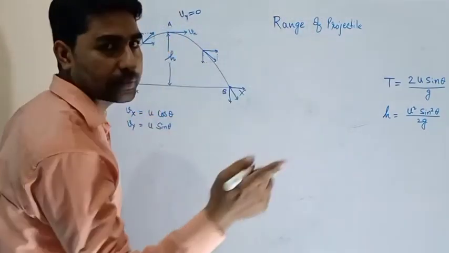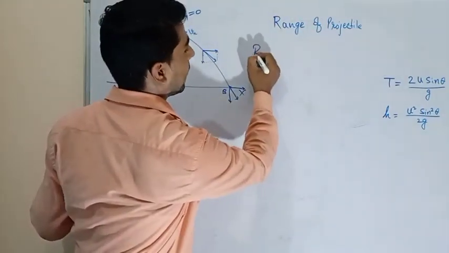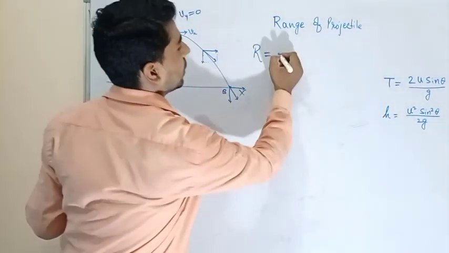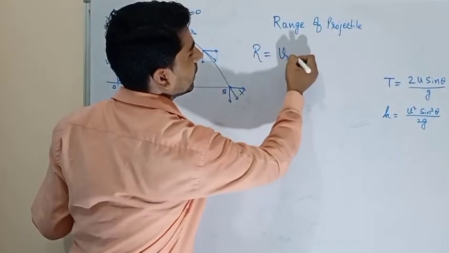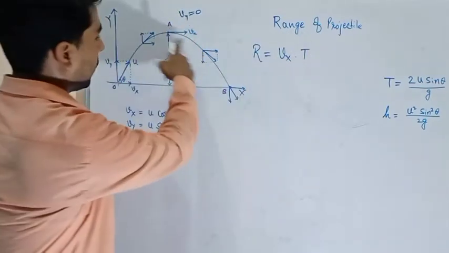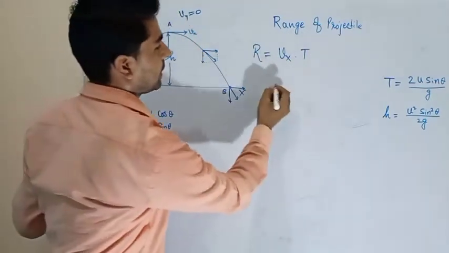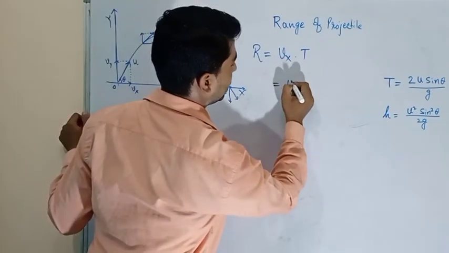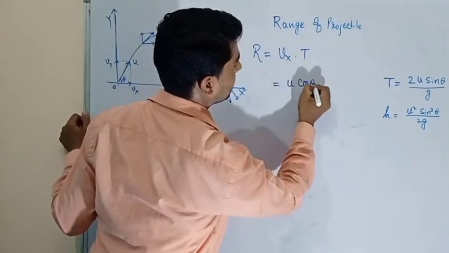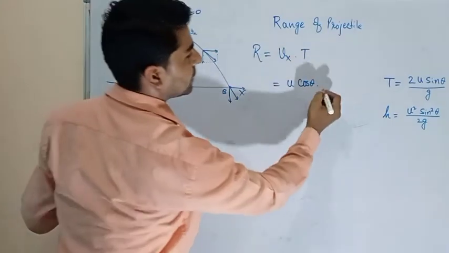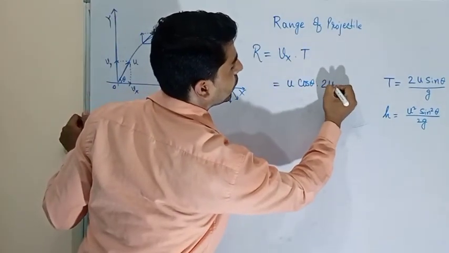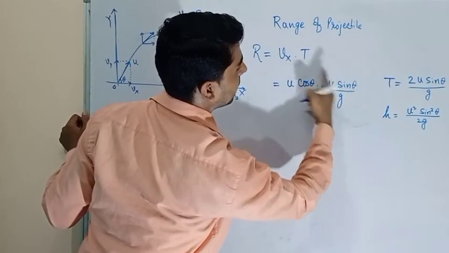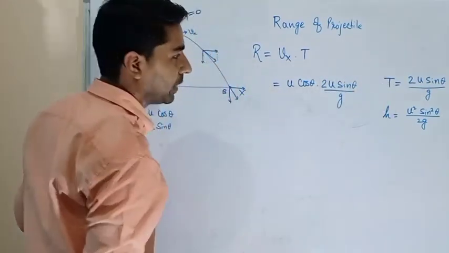Range of projectile is represented with capital R. So R is equal to velocity into time. Displacement is velocity into time. So velocity means the Vx component, into the time taken from O to B, which is capital T. What is Vx? u cos theta. u cos theta into capital T, which is 2u sine theta upon g. I have taken this from before; we have already proved it.